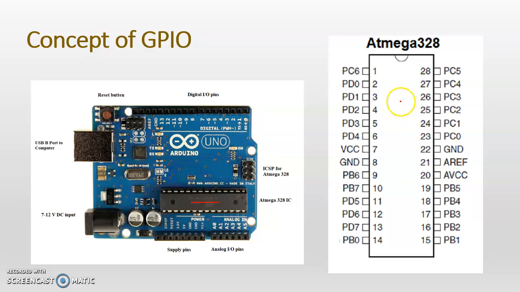If we see the pin diagram, 28 pins are arranged, on one side 14 pins and on the other side the remaining 14 pins, and the ports B, C and D are not arranged sequentially, but some of the pins are arranged differently than the sequence.